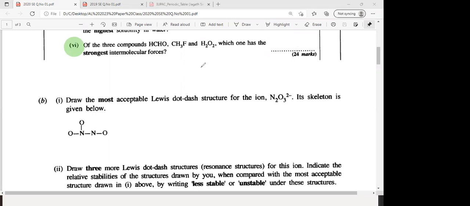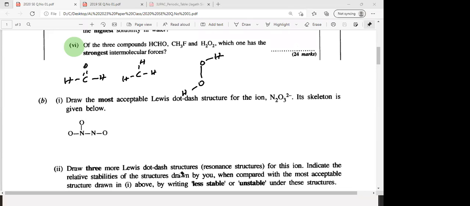H2O2, I will draw the structure. This OH group is there. In formaldehyde there's no OH group. If you want, I'll draw the structure here. This is CH3F. Now, out of these, which one is the most polar?